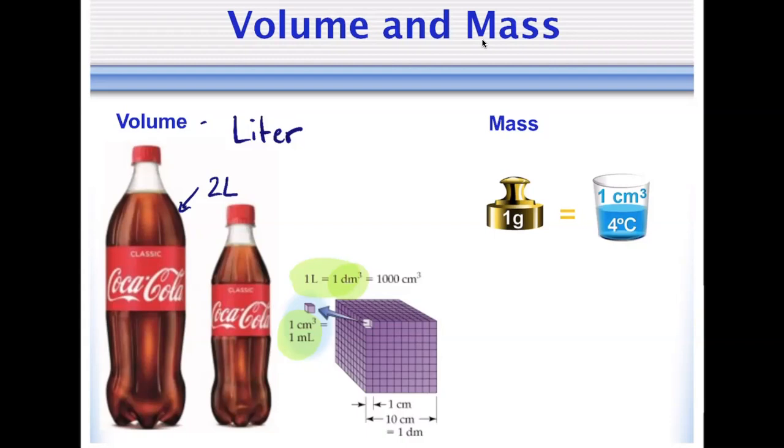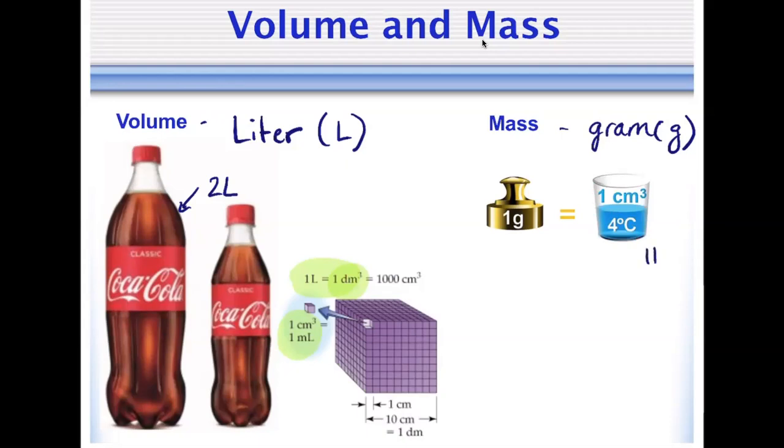All right, and then mass is measured in grams. The gram here, let me actually give you the little symbol. So it's a little g. Liters, though, is the uppercase L for the symbol. And the gram is also a derived unit. It comes from 1 centimeter cubed, so 1 milliliter of cold water at 4 degrees.